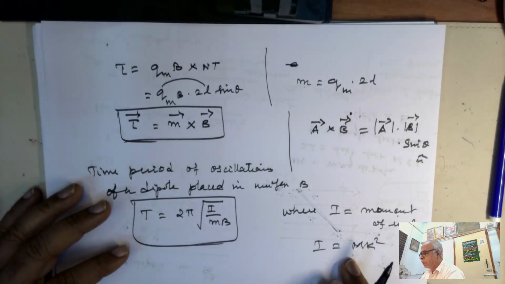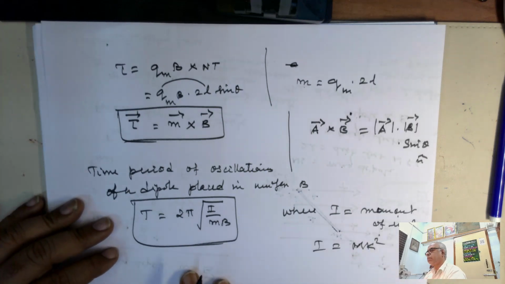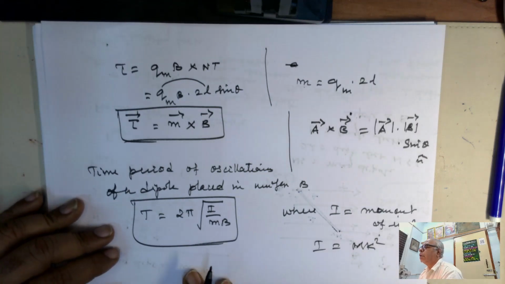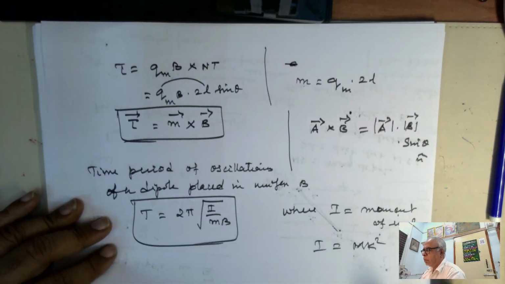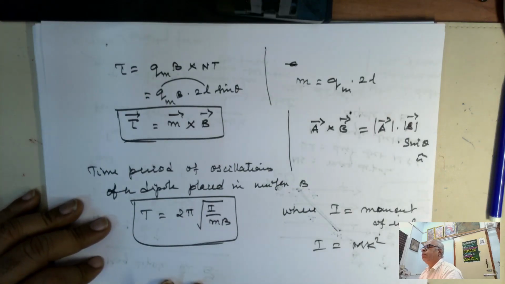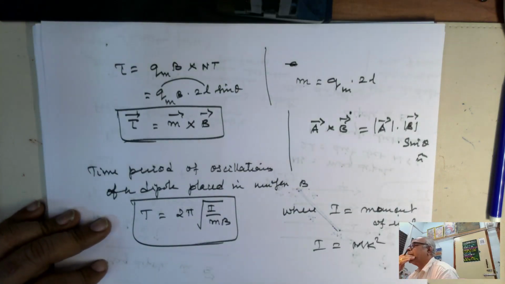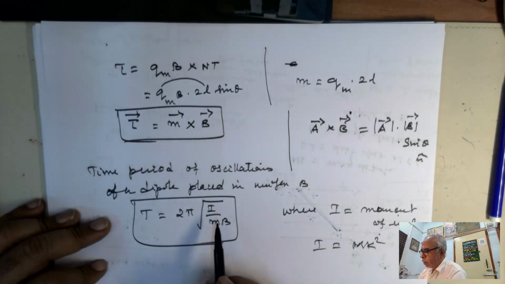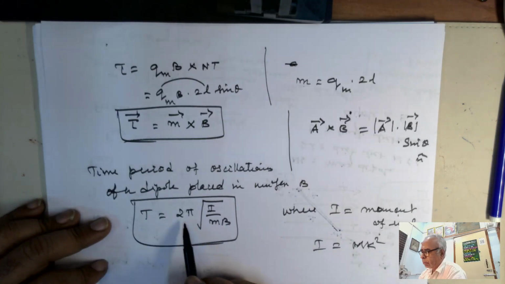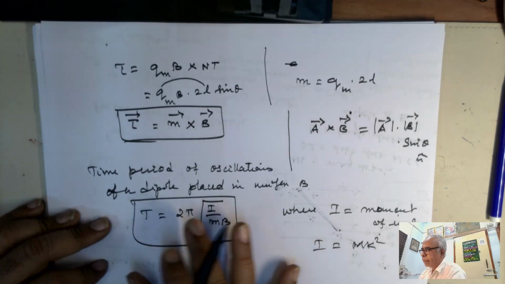M is the total mass. So I is the moment of inertia. M is the dipole moment, B is the magnetic field. This is 2 pi and this is the time period.